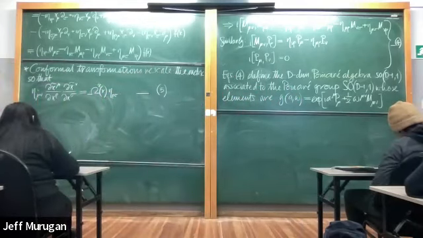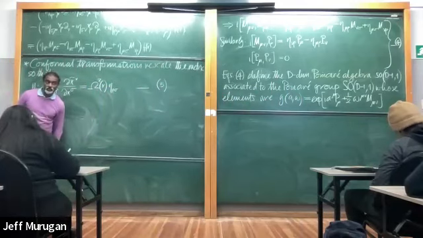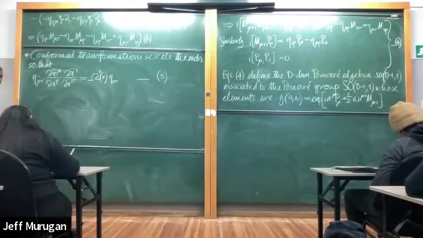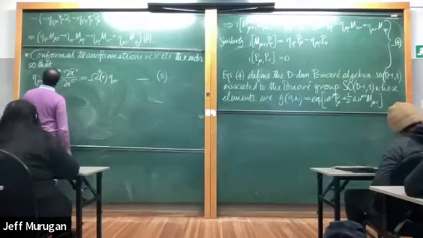We want to follow the same strategy that we just used for the Poincare, so we want to take infinitesimal transformations.